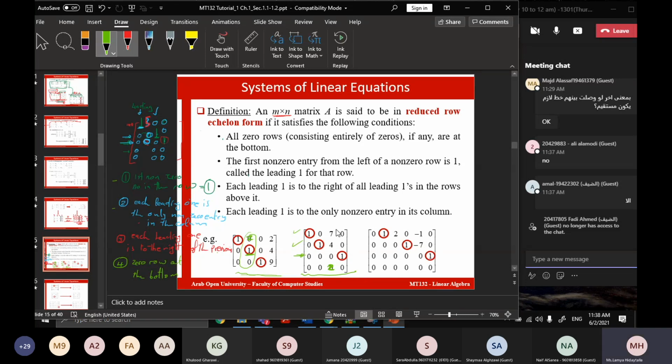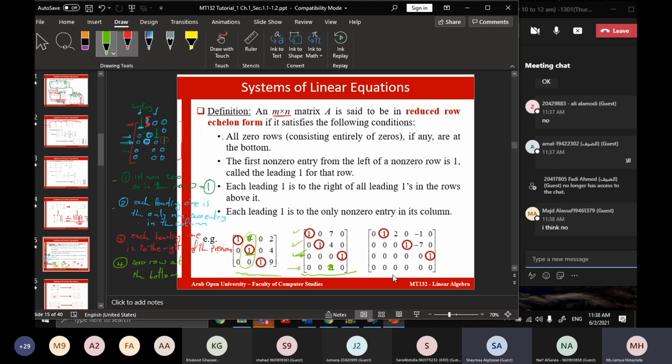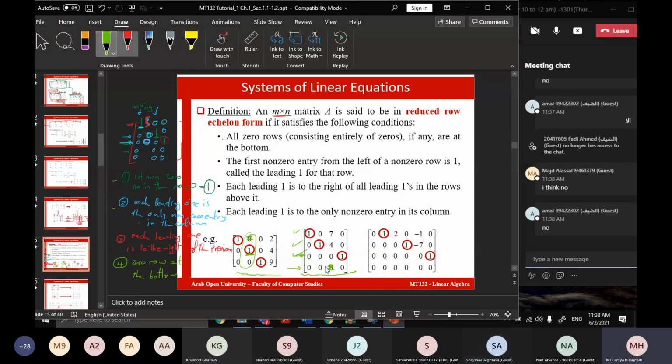What do you think? The first is right, the second is right, the third is right. Now let's go to the fourth row. Is it okay? It's fine? No, because the first non-zero entry isn't 1. So it's not correct. This should be 1.